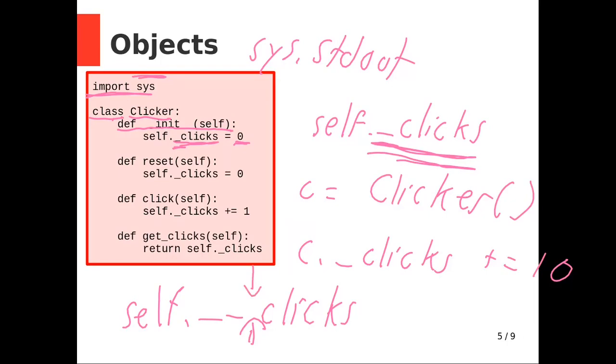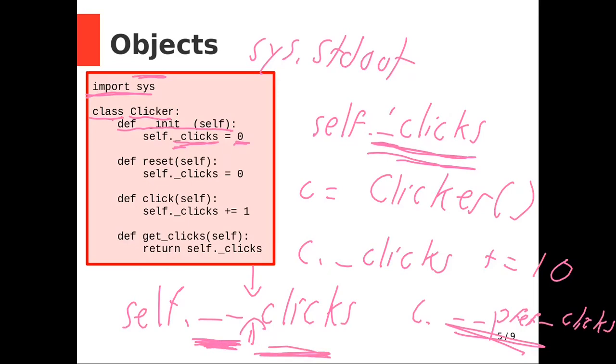So from outside, you could still write C dot, double underscore, whatever that prefix is, and I forget. You just have this extra step of knowing this prefix. So if single underscore is a suggestion of private, double underscore is a strong suggestion of private, is no, really, don't mess with this. Single underscore is please don't break my code by messing with this. The double underscore is really don't break my code by messing with this.